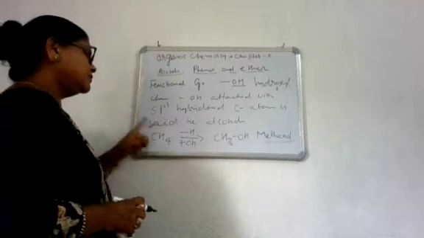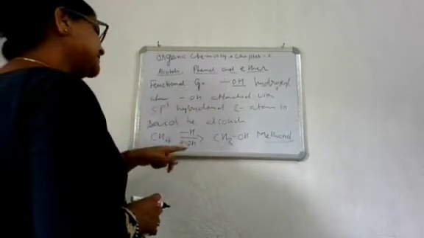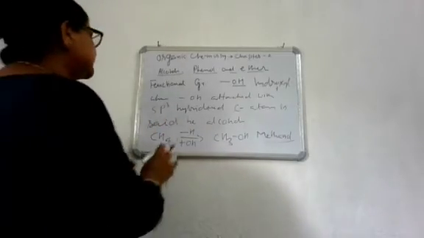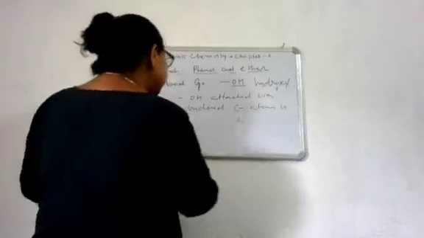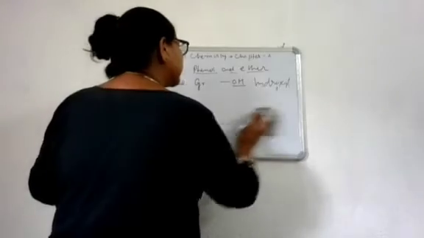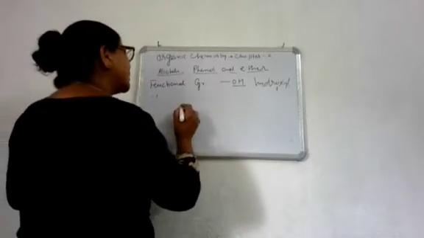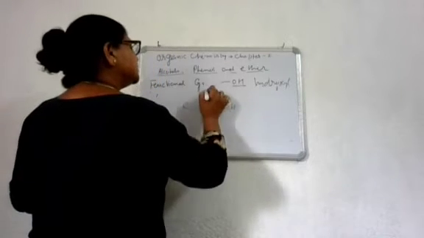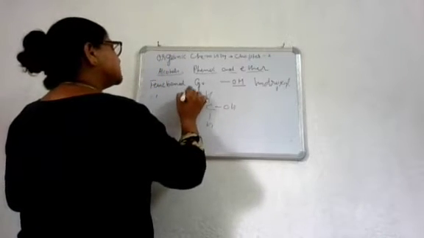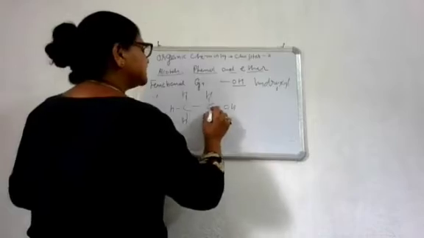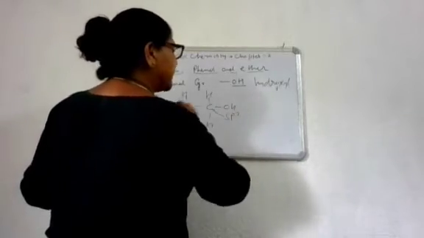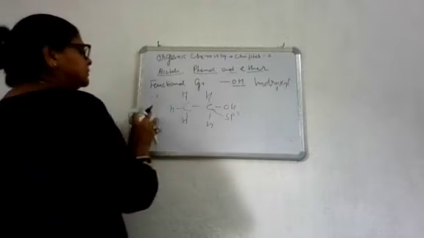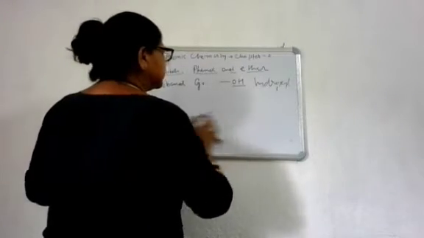So when an OH group is attached to any sp3 hybridized carbon atom, it is an alcohol. Another common and famous example of alcohol is ethanol, in which the OH group is also attached to an sp3 hybridized carbon atom. So that is about alcohol.